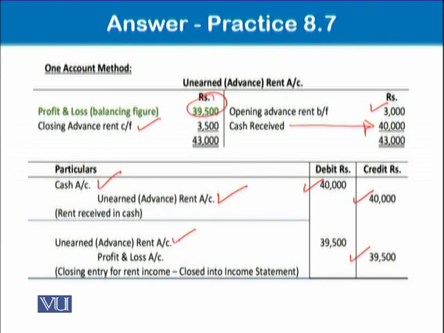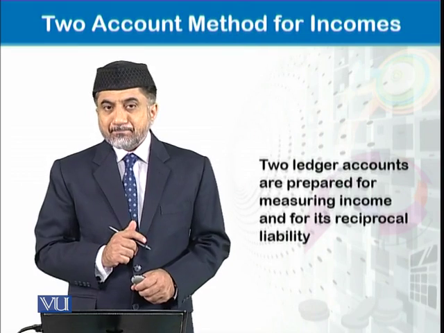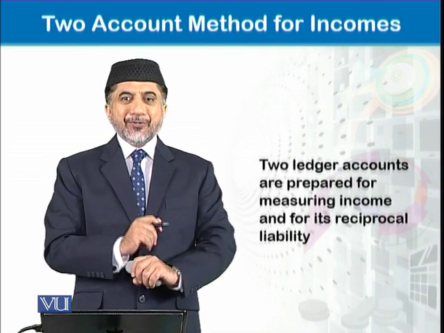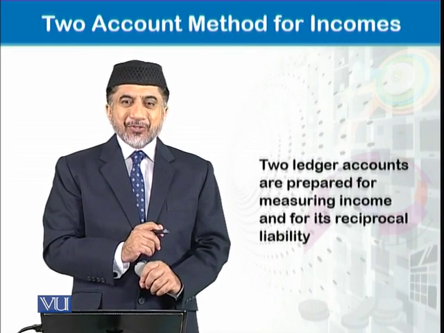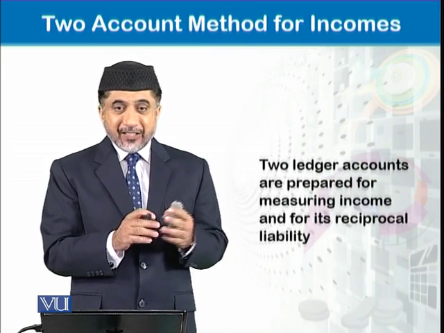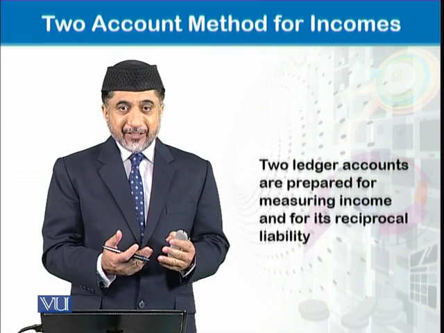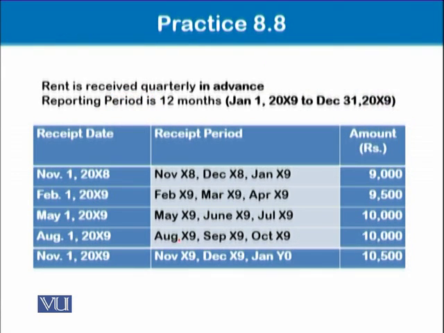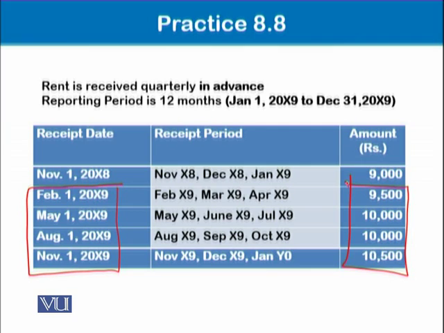Well, in the two account method, what do we see? Yes, now you are expert for the two account method as well. Because in the two account method, we will be preparing one income account and the second one, its reciprocal liability account. Okay, let's see how this practice question helps us to learn this concept. Again, box the X9 months.